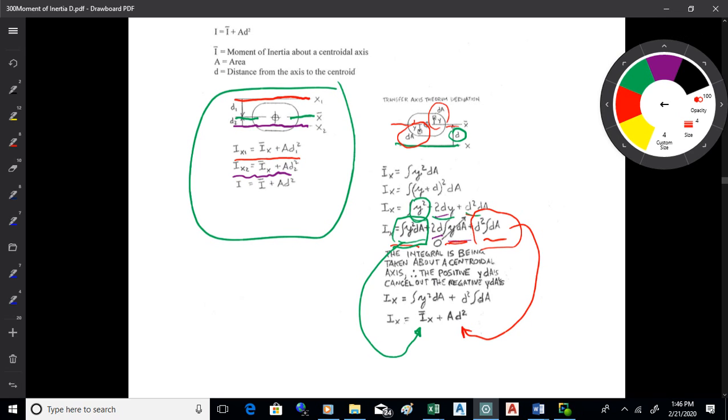So that zeroes out. So you're left with this expression right there. Okay. So that's the transfer axis term. It's used a lot when you find moments of inertia. So, we good with that?